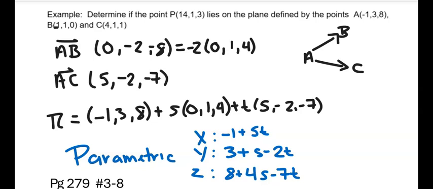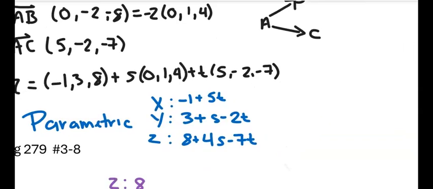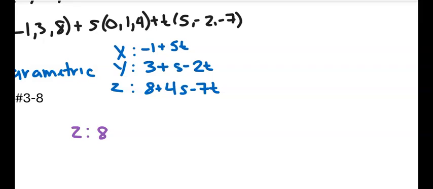And so what I want to know now is there a point where I'm going to get 14, 1, and 3 for the same values of S and T? Okay, so we have a little bit of a head start here because I don't have an S in this first one. It's kind of a bit of a cheat.